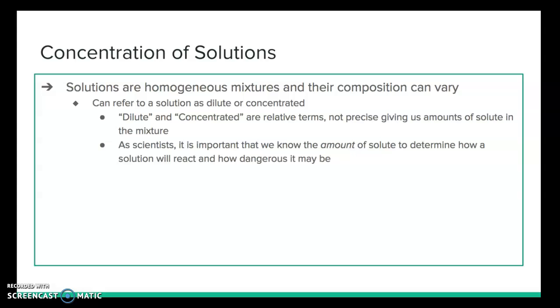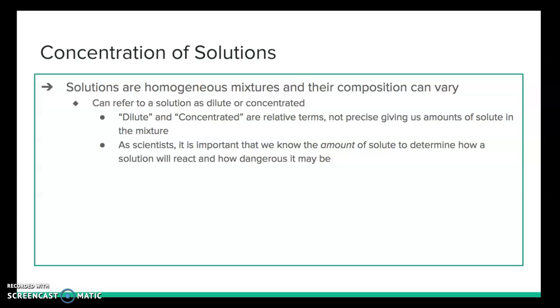When we're talking about solutions, we're referencing homogeneous mixtures, and their compositions can vary. Not all homogeneous mixtures have the same exact composition, even when we're talking about the same type of solution, for example, our hydrochloric acid.